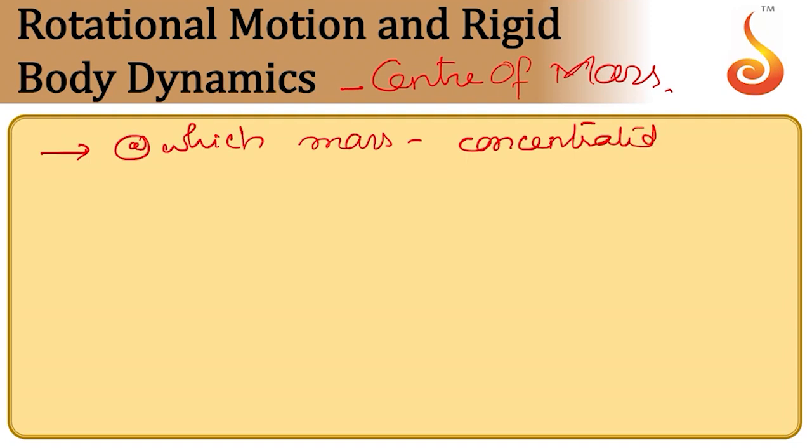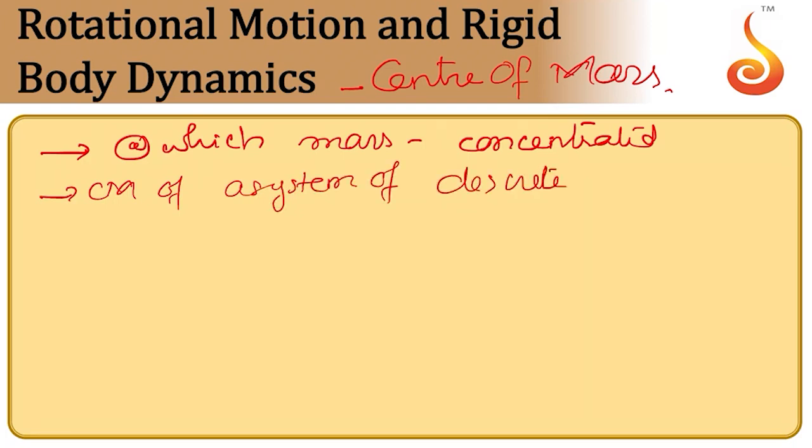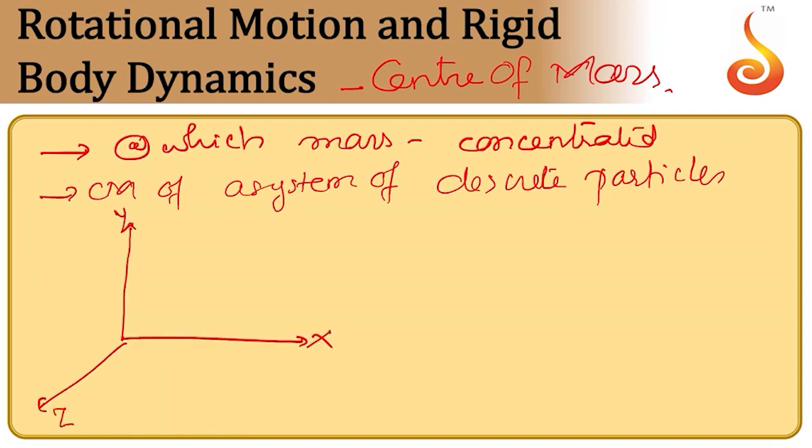Let us consider first of all center of mass of a system of discrete particles. Let us consider the representation like this. This is x-axis, here is y-axis and this is z-axis.